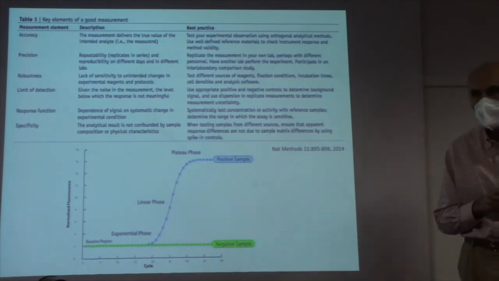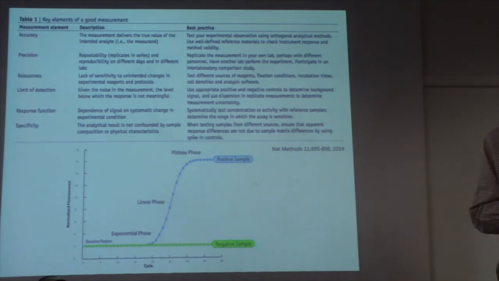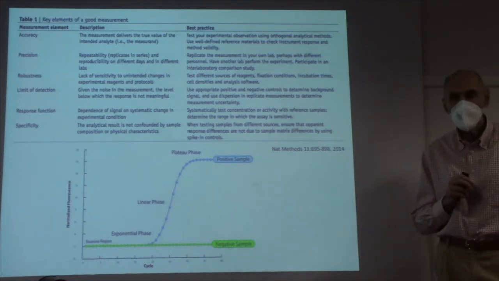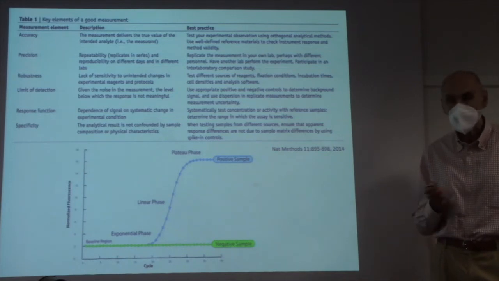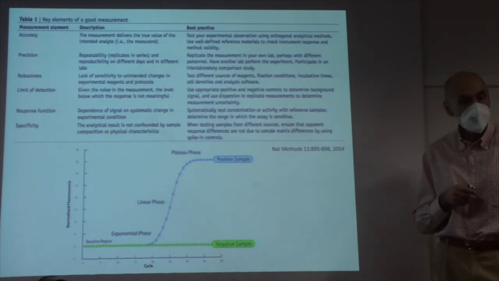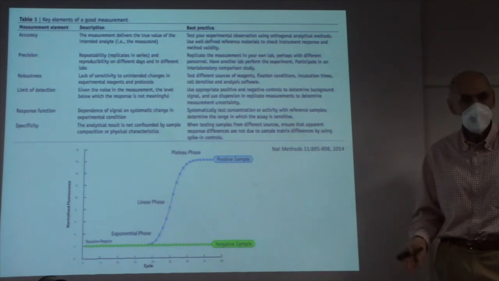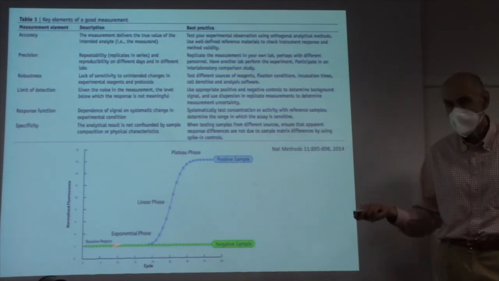Or, you might have, this is even more important, you might have in your PCR substances that interfere with the readout. For example, autofluorescent substances that have their own fluorescence, and so they artificially raise the readout of the PCR.